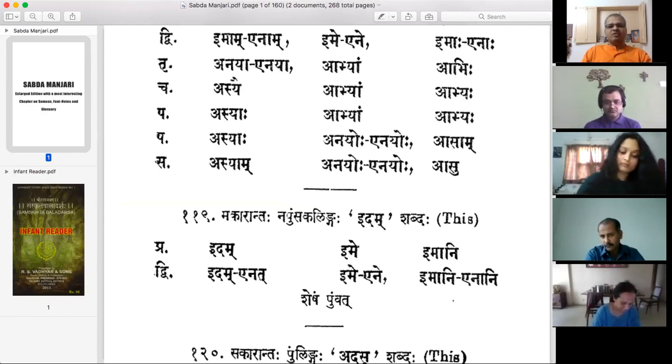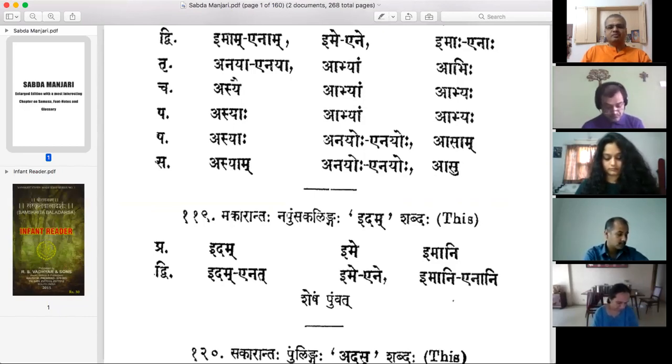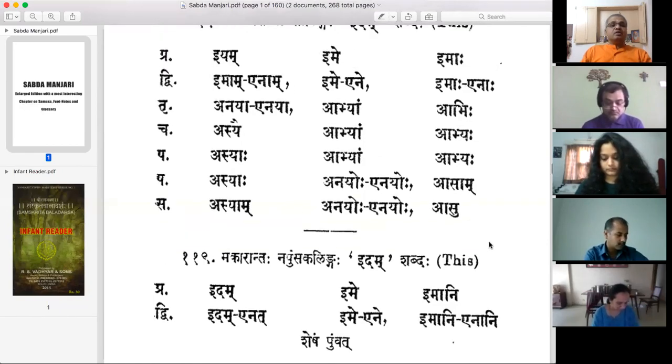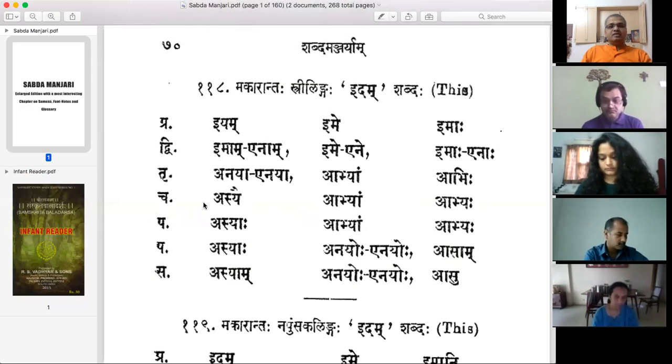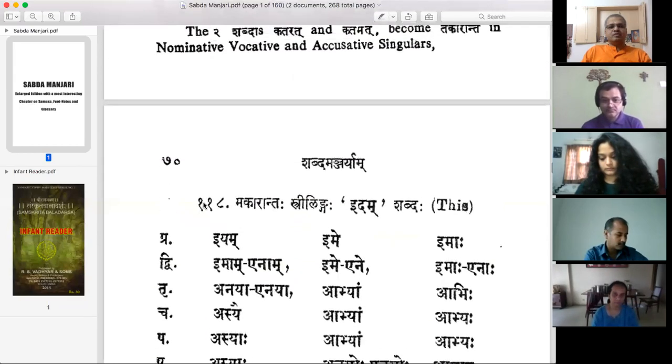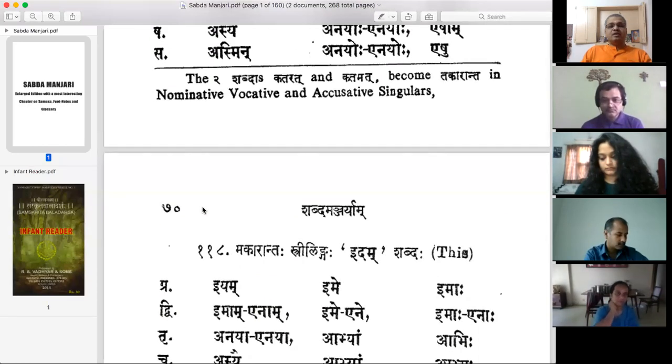So you have to use the appropriate pronoun for the word being referred to. So going back, you have three different forms. You have a masculine. The basic root is idam.